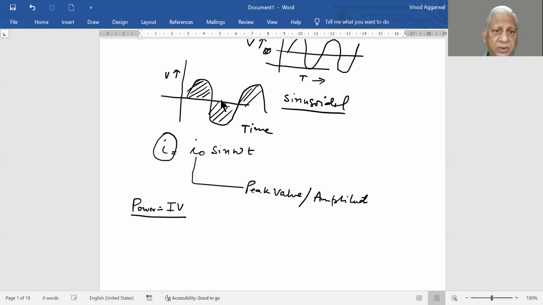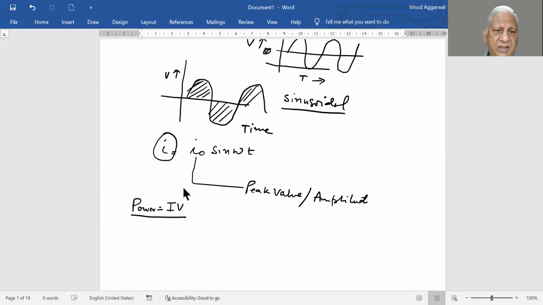But in this case, we cannot do it because I is changing, voltage is changing from negative to positive. So does it mean that the power consumed will be 0? No, it won't be. But if we analyze the whole process, it becomes slightly tedious.